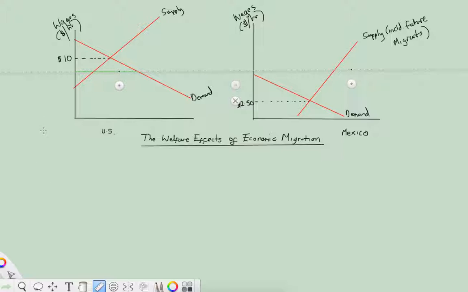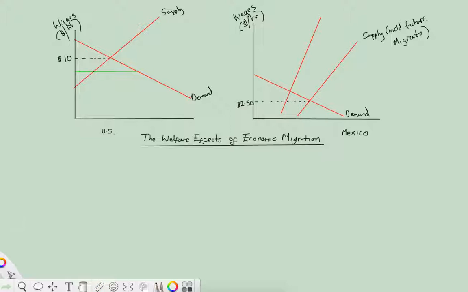And that people leave Mexico, and I'm going to show that by moving my supply curve in Mexico. And so that's the thing about where should I put the migrants. But we're going to show the Mexican supply curve net of migrants. So these are the people who get left behind after some people move to the United States.